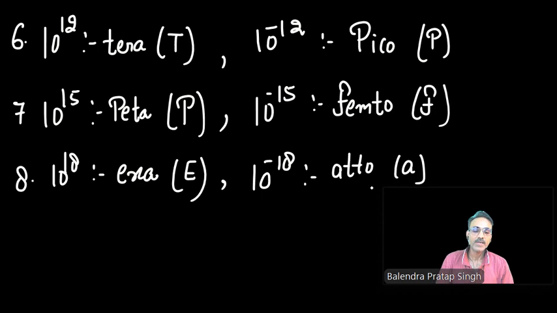So these are the greatest and the smallest multiples that we mostly use in physics and other subjects, but most physical quantities we use are in these multiples.